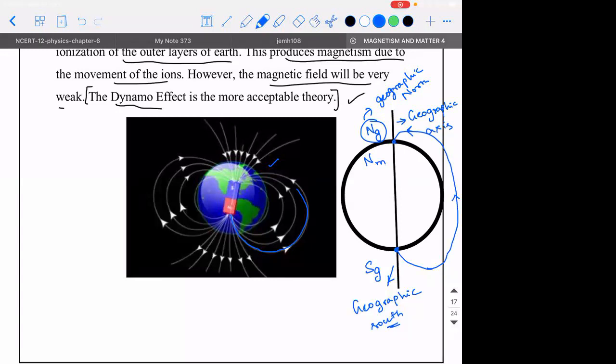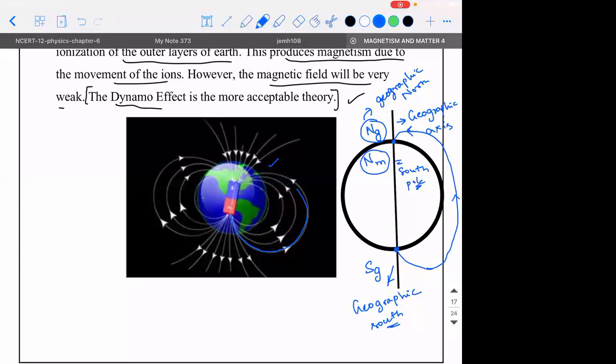But what is the reality? When we say magnetic north, we are actually referring to the south pole of the magnet. This is the most important point.